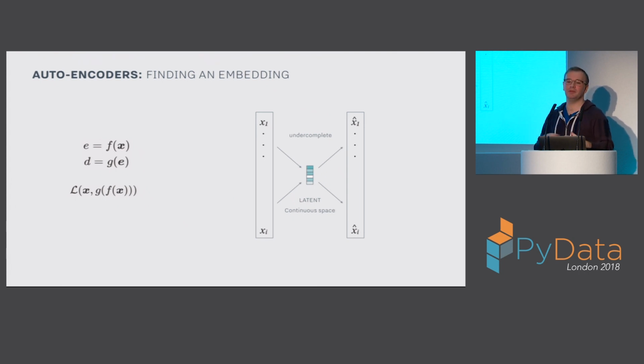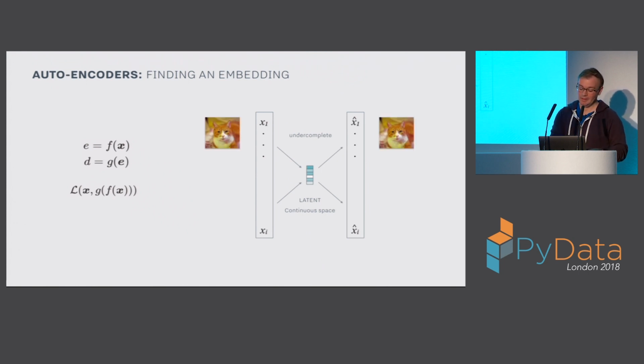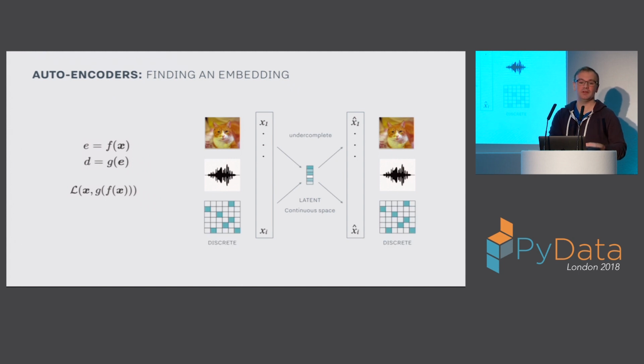But you can do some things to make sure that the over-complete representation gives you useful properties, for example, adding noise. Some of you might have looked at denoising autoencoders in that context. This can be used for things that you've probably seen on the web, reconstructing images or reconstructing sound waves, or also reconstructing certain types of discrete data like the one that we're dealing with.